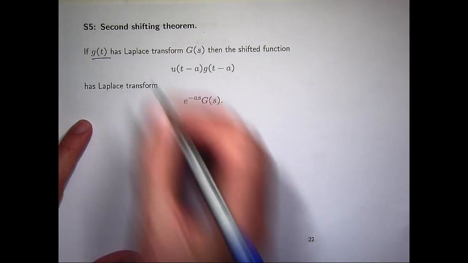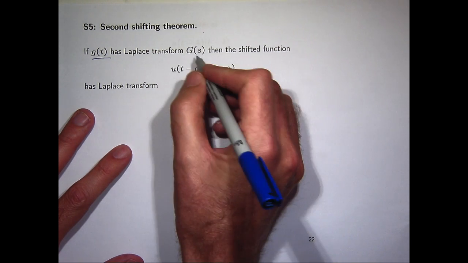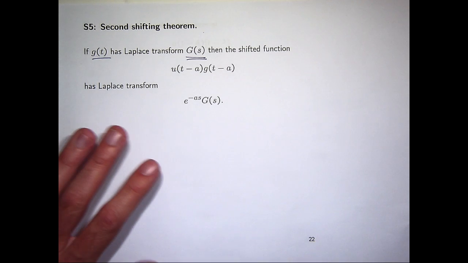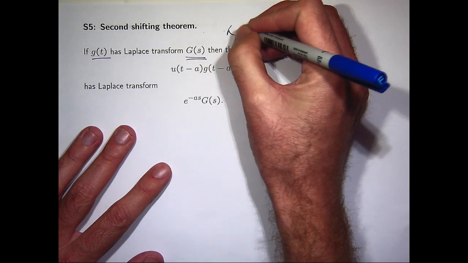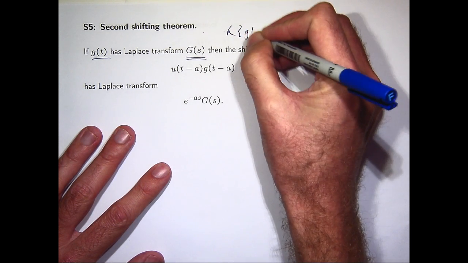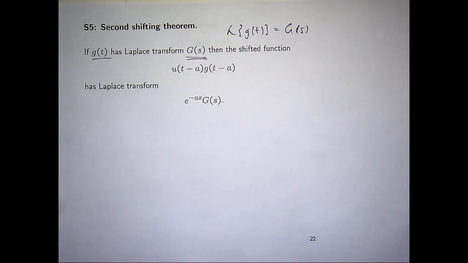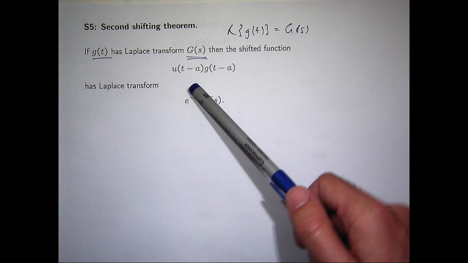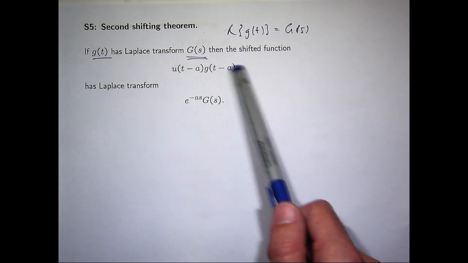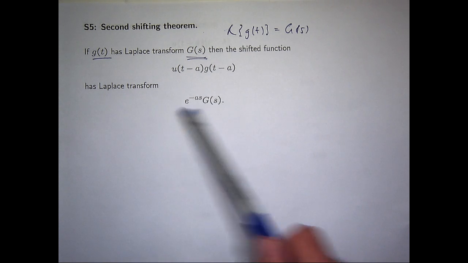Suppose I have a function of t, little g of t, and it has a Laplace transform big G of s. In other words, this is what we mean. Then the shifted function, the product of the Heaviside function with g of t minus a, has this Laplace transform.